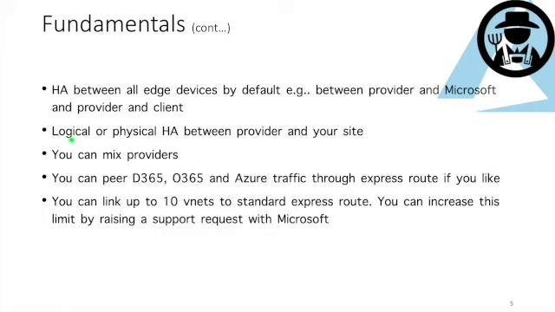The other thing you need to be aware of is you can mix providers. So, for example, in Australia, there is Telstra, there is Optus, and others. If in a certain region in another country you would like to set up an ExpressRoute in your office, then obviously Telstra or AT&T is not available.